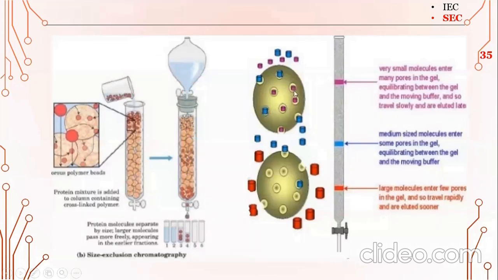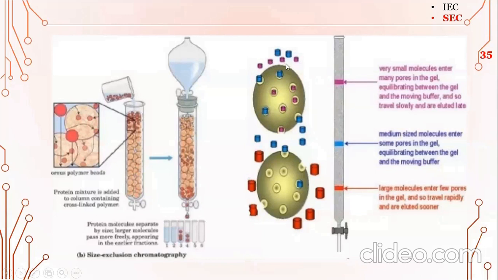Then we can see this graph. Very small molecules enter many pores, equilibrating between the gel and the moving buffer, so they travel slowly and are eluted later. The medium-sized molecules enter some pores in the gel, equilibrating between the gel and the moving buffer.